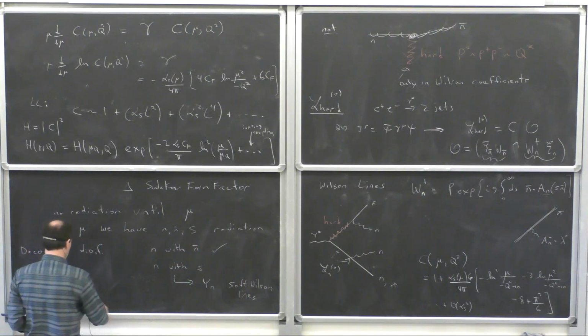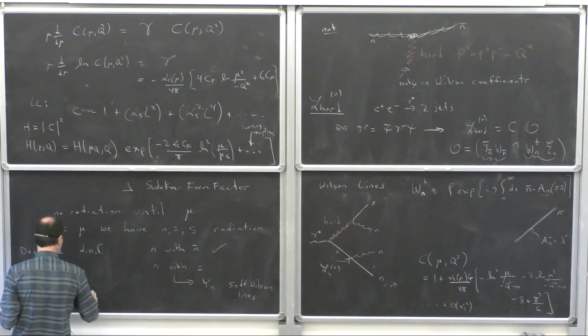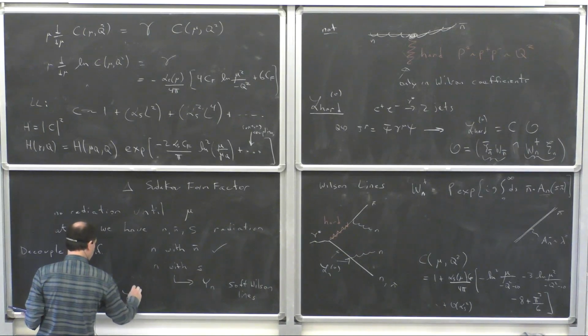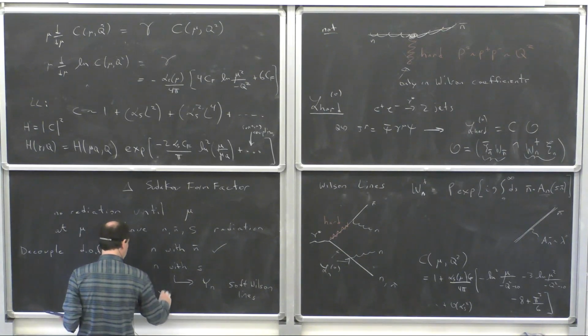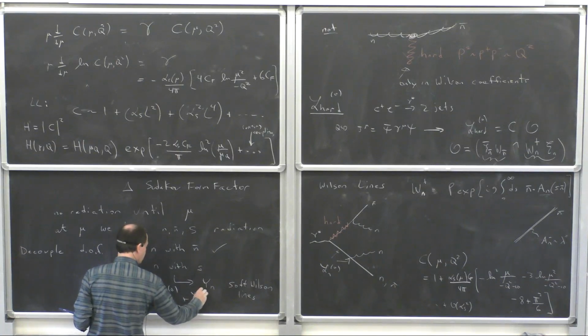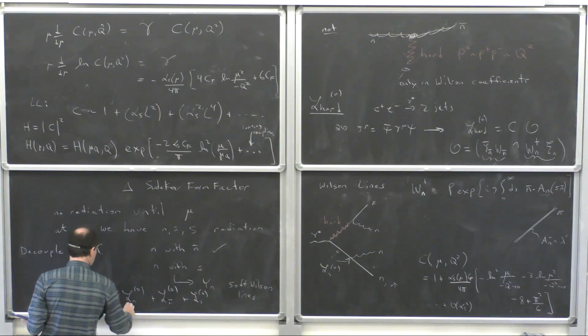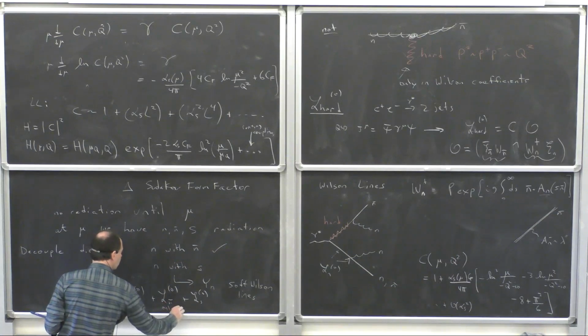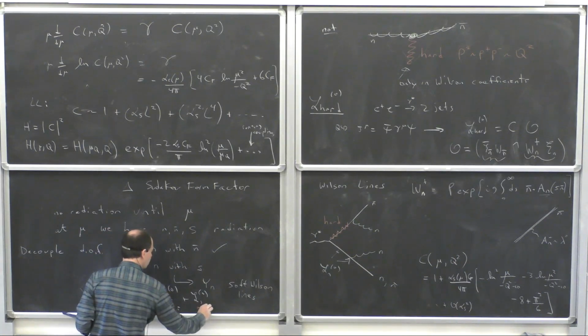And then once you've done that, you end up with a dynamical Lagrangian that's completely decoupled after you make a change of variable, where this is only n collinear. There's only a direct sum of pieces that are independent of each other. So only n bar, and only soft.